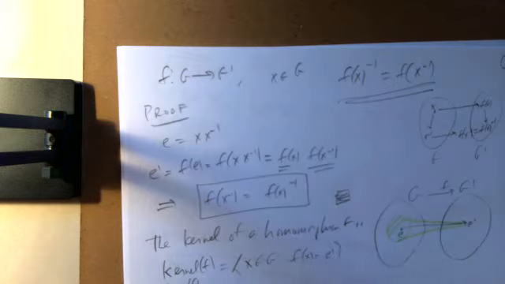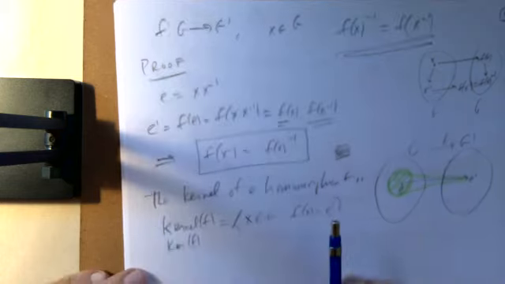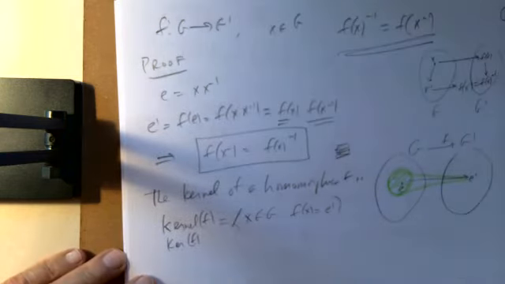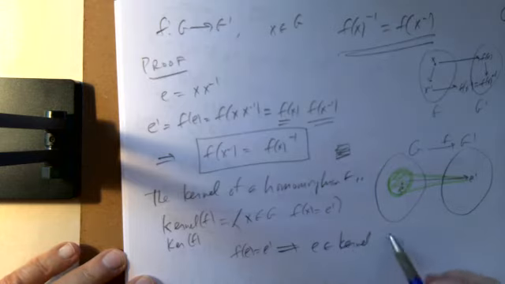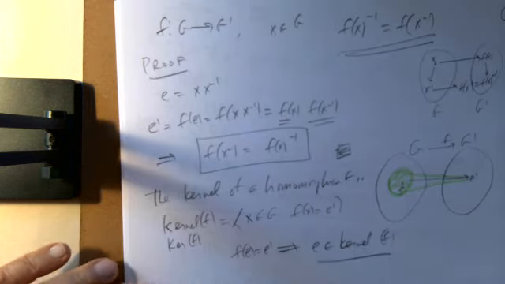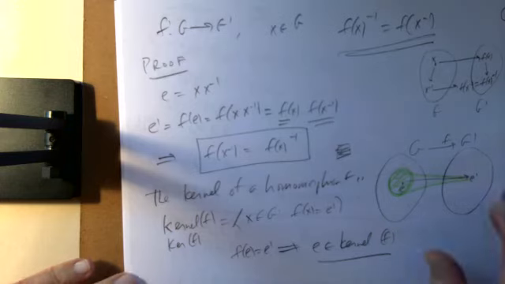It's everything, all this green stuff, everything that gets mapped to e prime. And so, for example, we know f of e is equal to e prime. So e is always in the kernel of a homomorphism, but other things can be there as well.